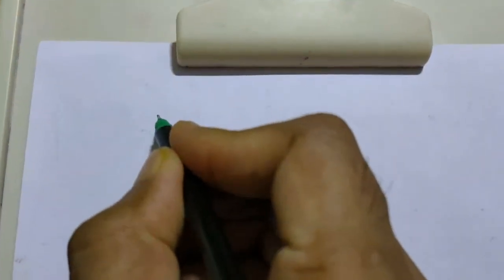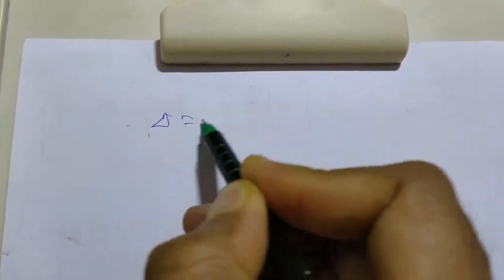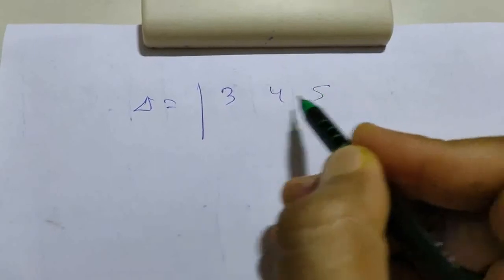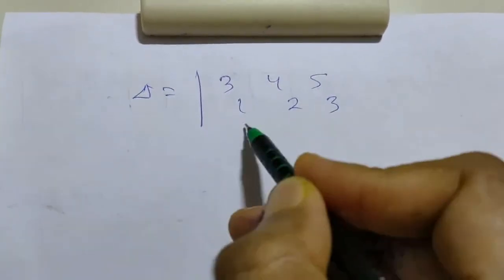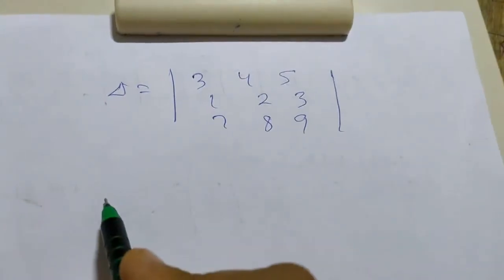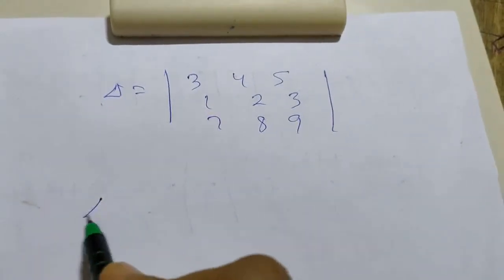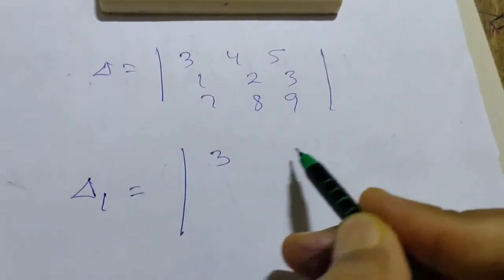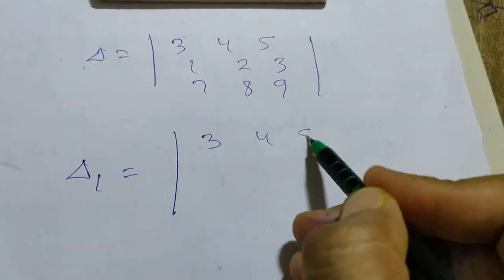I'll show this with an example. Suppose I am having a determinant delta equal to 3, 4, 5, 1, 2, 3, 7, 8 and 9. And suppose I take another determinant delta 1, in which row R1 is the same, 3, 4 and 5.